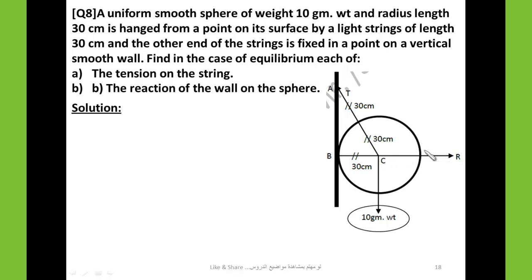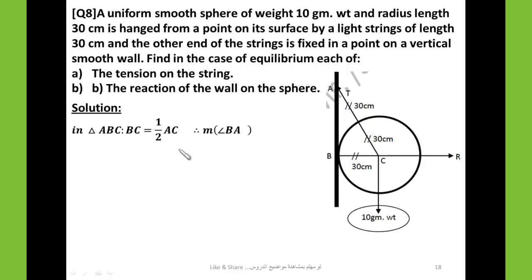So the line of action of the string passes through the center also. So the length of AC will be 60 centimeters. How do we get it? The length of the radius is 30. The length of the string is 30. 30 plus 30 will be 60.